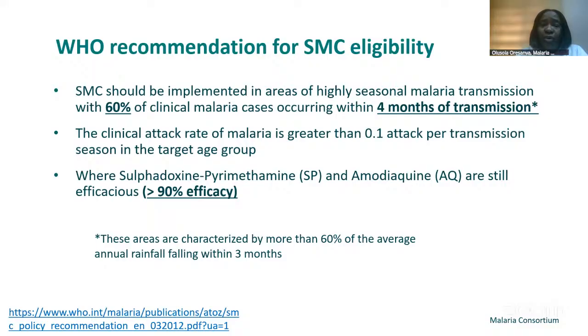And also sulfadoxine, pyrimethamine, and amodiaquine, that is the medication that is used for seasonal malaria chemoprevention, must still be more than 90% efficacious in those settings.